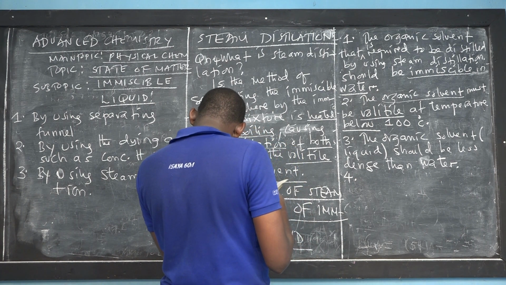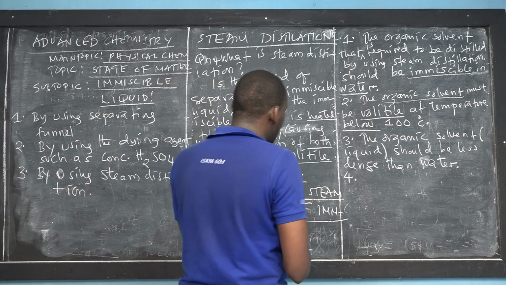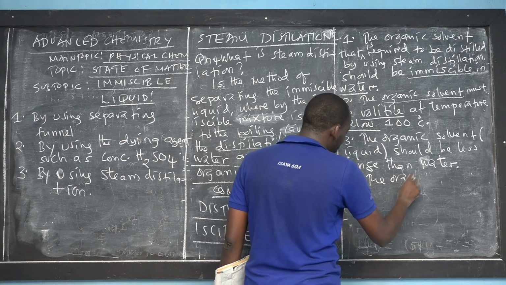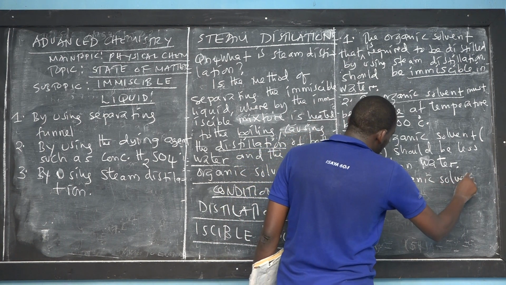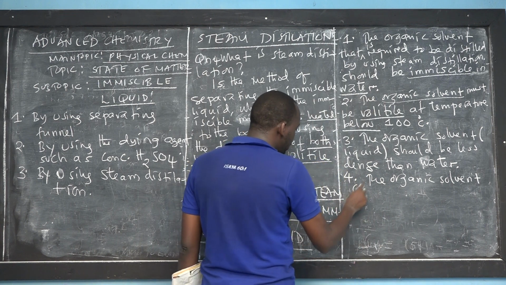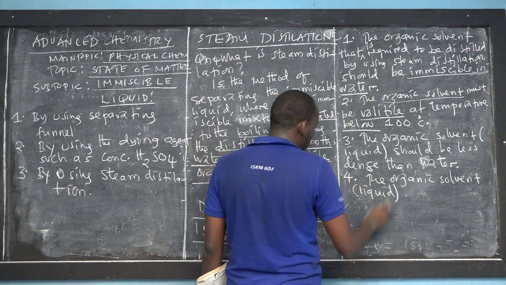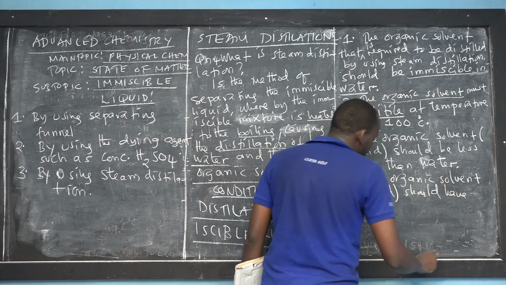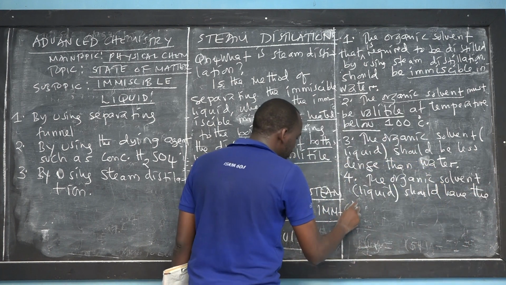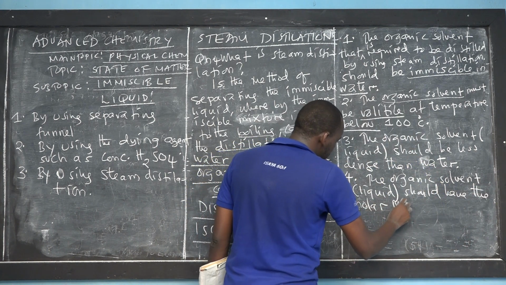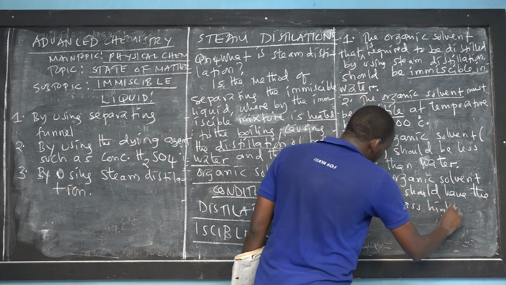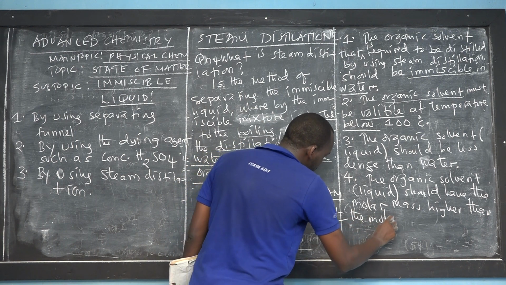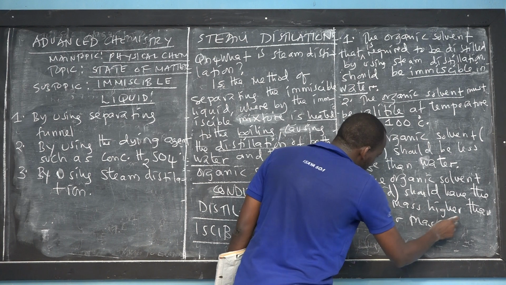The fourth condition: the organic solvent or liquid to be distilled must have a higher molar mass than the molar mass of water. So the pure solvent, or the other liquid different from water, should have a molar mass higher than that of water.